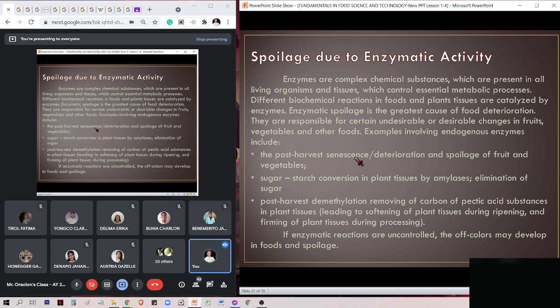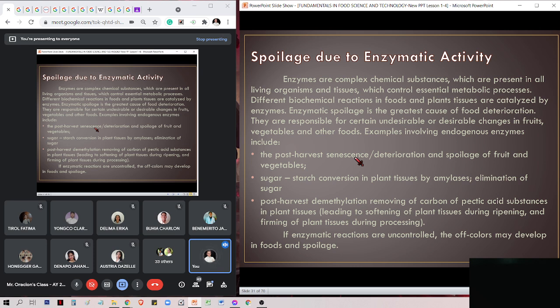So, starch conversion, okay? Conversion of sugar in plant tissues can lead into food spoilage because of elimination of sugar. Okay, it is breaking it down, and the nutrients is attacked by molds or kaning mga bacteria and destruction of nutrients.